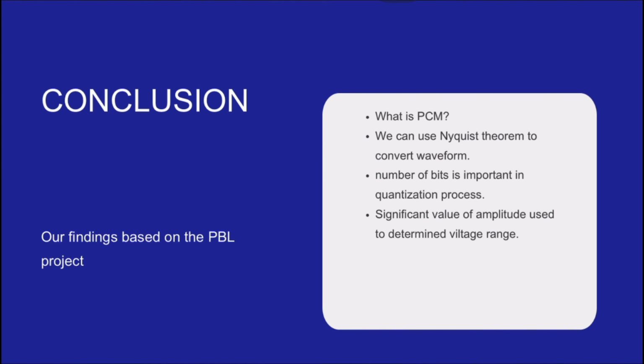A manual calculation was done to prove that the number of bits in the PCM process is important in the quantization process. Lastly, the amplitude value also plays a huge role in determining the voltage range of the result. A higher amplitude increases the resolution and the maximum quantization error.